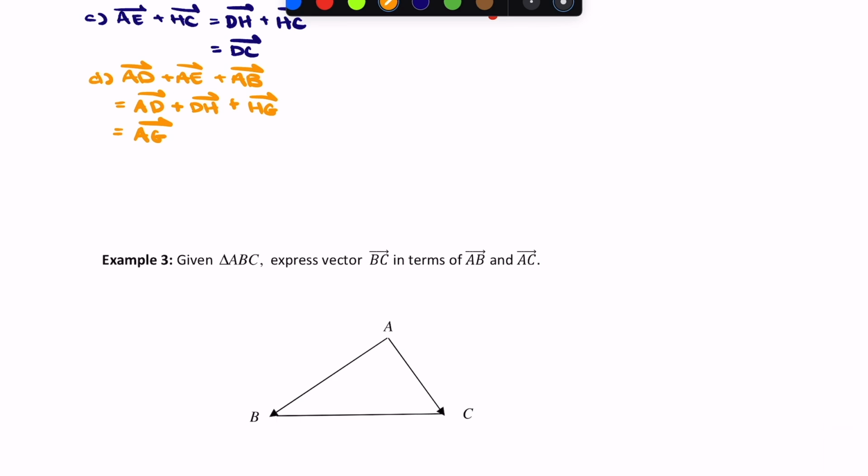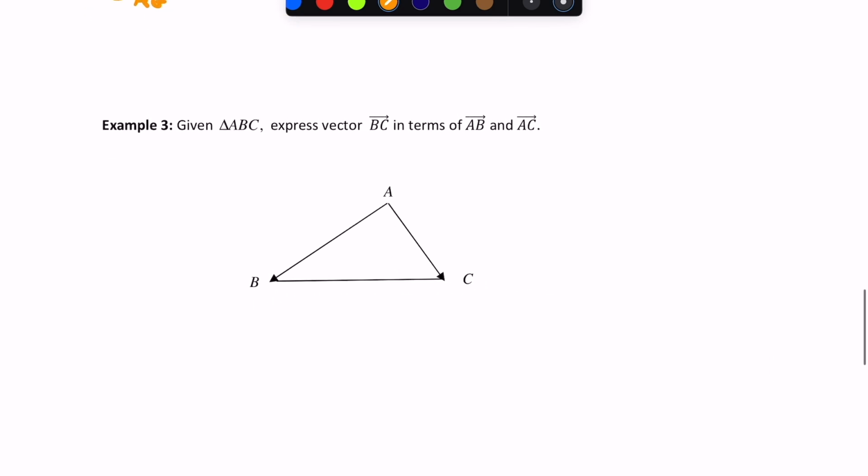Okay, so here it says given triangle ABC, express vector BC in terms of vector AB and AC. So here, again, we want B to be our tail, and C to be the head.